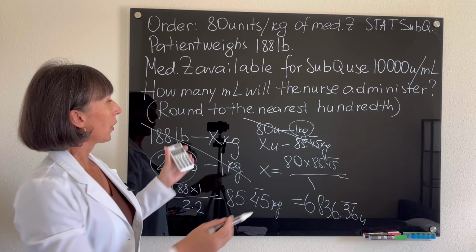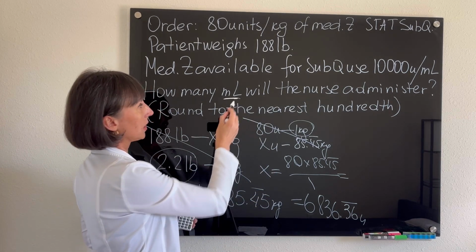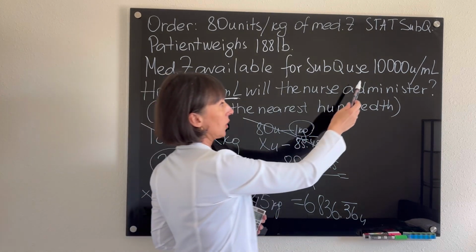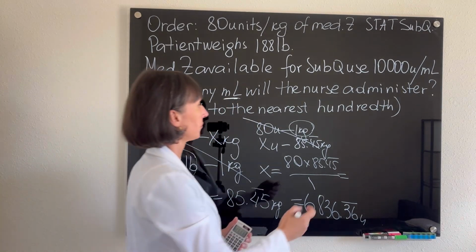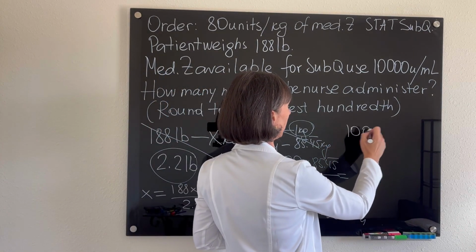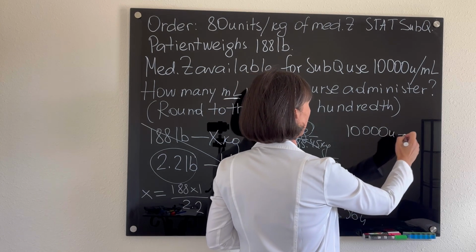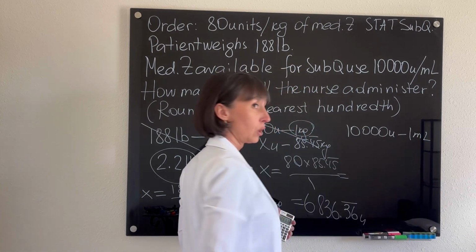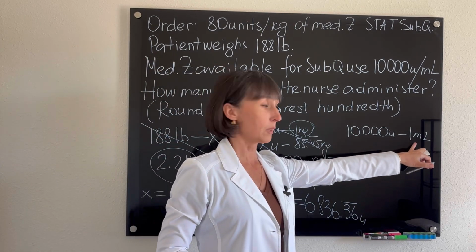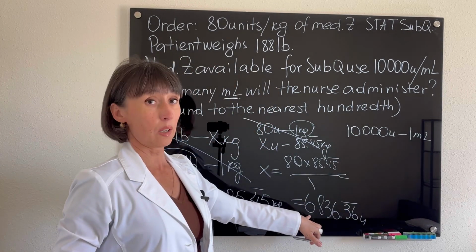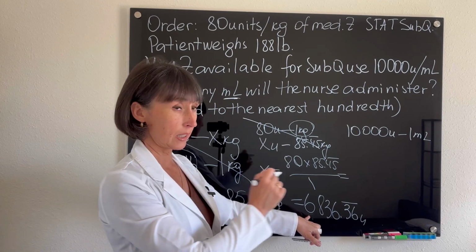Now we need to figure out how many mLs we are going to administer, if the concentration given is 10,000 units per mL. As always, for DKP method, I'm writing 10,000 units is 1 mL. I need to give this number of units. I'm going to put my units under units.